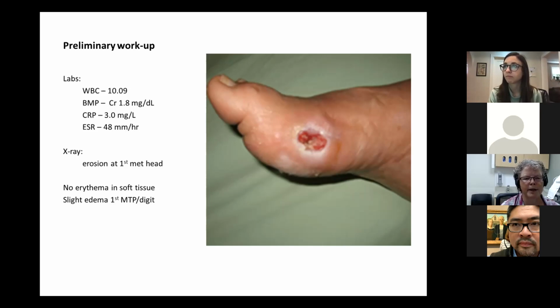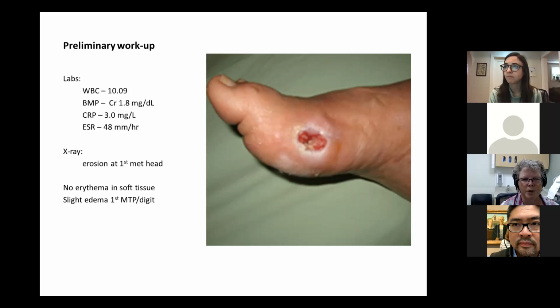These are people that are not having a florid infection, they're not sick. These are not the people that need to be admitted, but the people you're going to follow as an outpatient. You can track an x-ray. I would not take an x-ray before the 2-week mark from your baseline film, because you just won't see changes fast enough. But if you have a wound that is slowly responding, the foot is looking a little bit persistently swollen, even as the erythema is reducing, I would do a follow-up film.